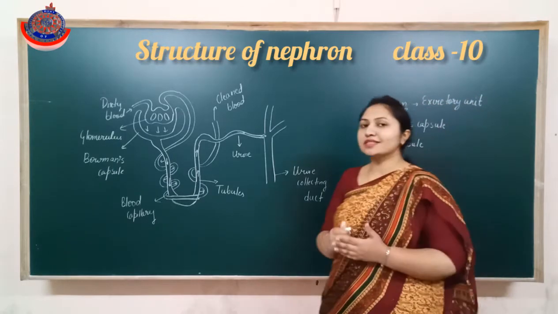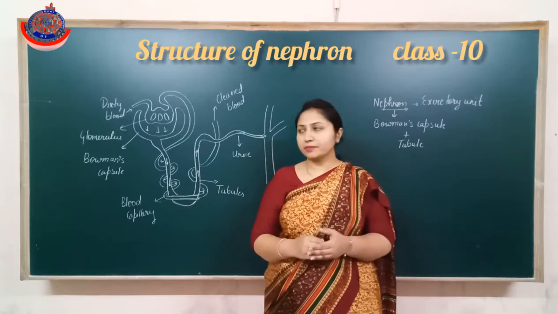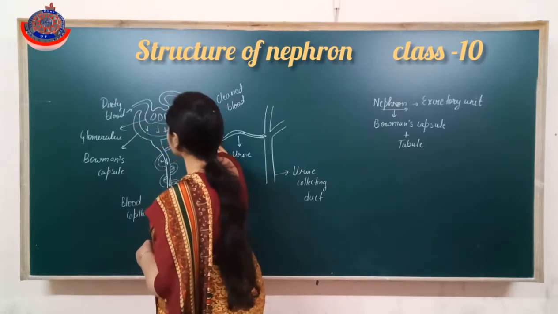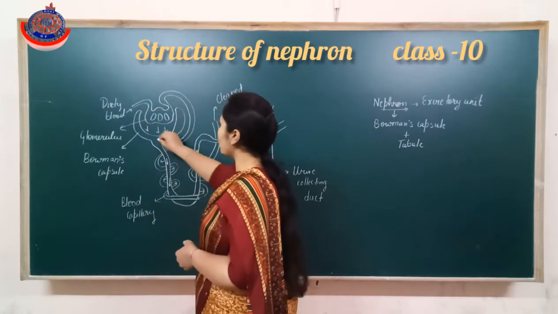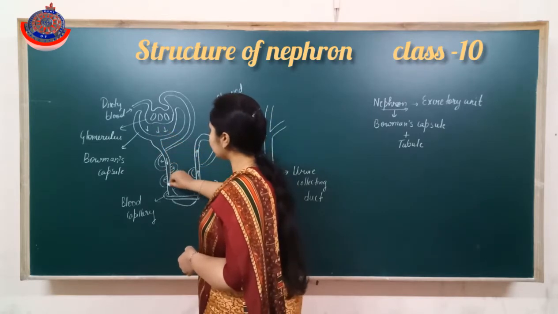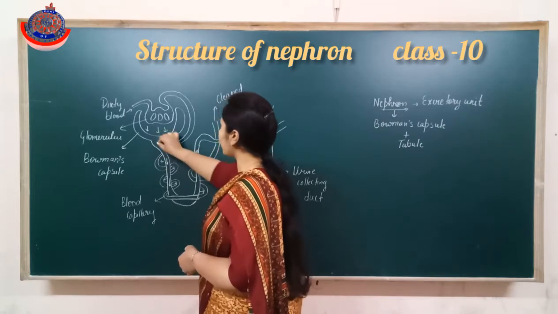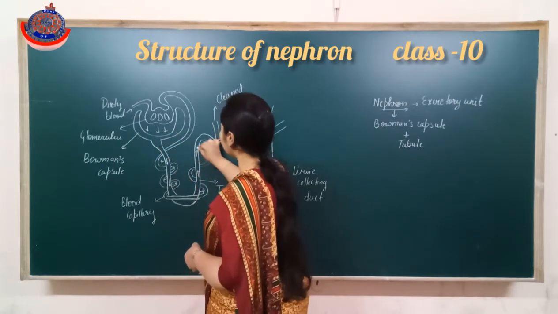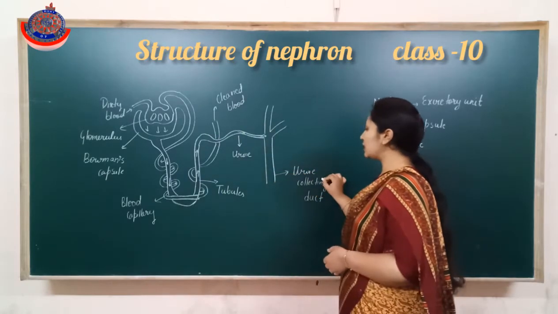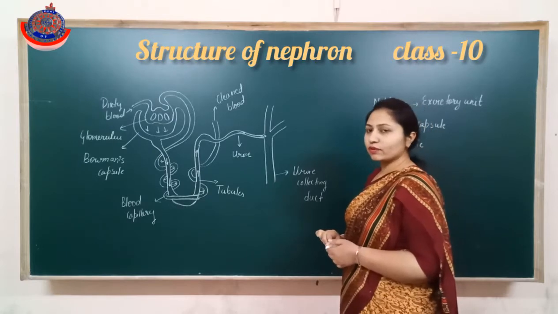Why? Because it is responsible for the purification of the blood. Here you can see this cup-like structure, which is known as the Bowman's capsule, and one tubule that is linked from one end with the Bowman's capsule, and the second end of this tubule is linked with the urine collecting duct, and this forms the nephron.